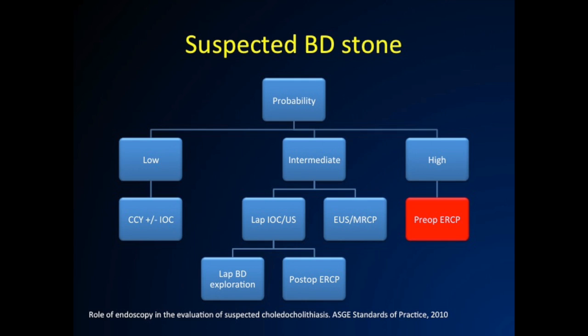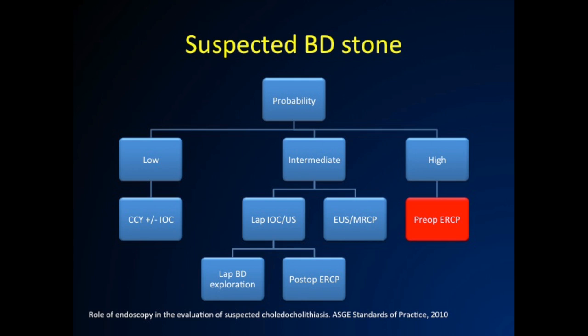So the question comes up with gallstone pancreatitis to talk now about when do you suspect a bile duct stone, and this has come up with, Joe and I have talked about this now with this recent JAMA paper, which I won't get into the details of because it's beyond the scope of this topic. But when you're seeing a patient on the floor, if you've decided that they have gallstone pancreatitis, the next question is do they have a common bile duct stone, and how do you manage it?